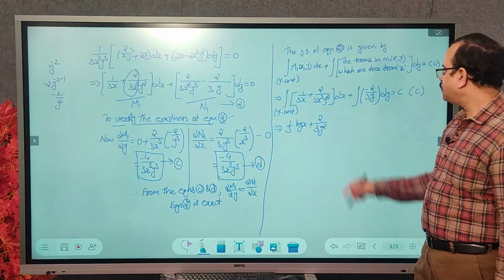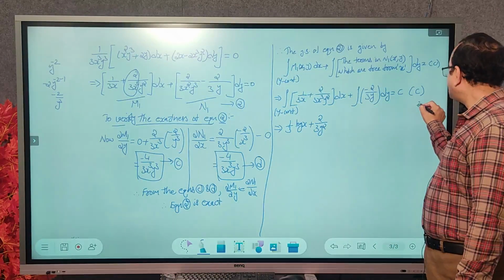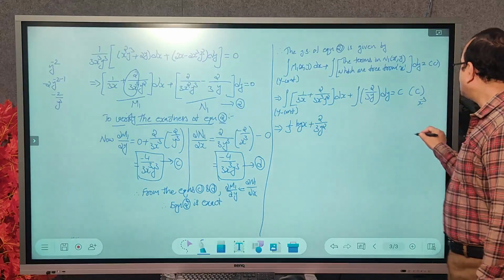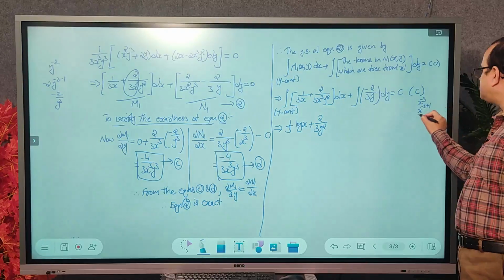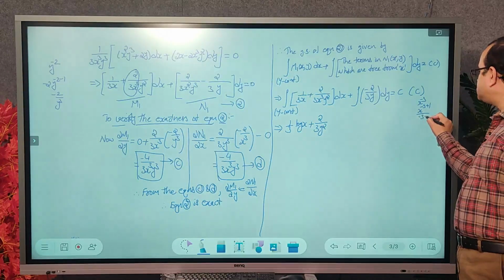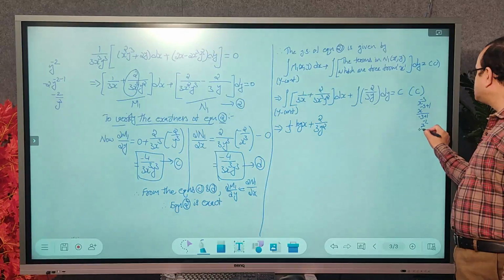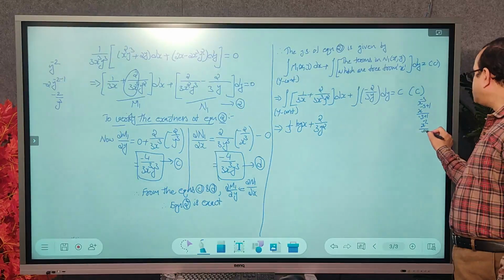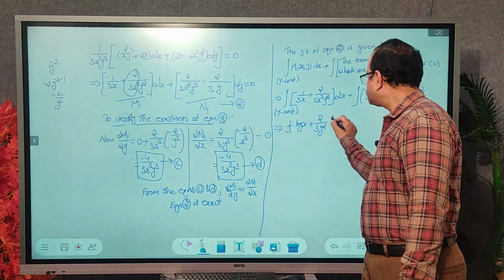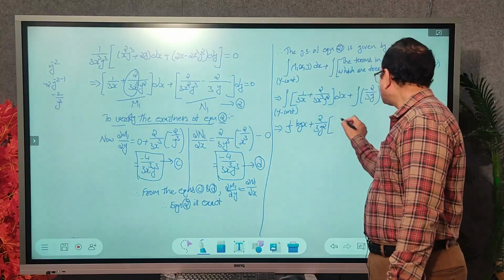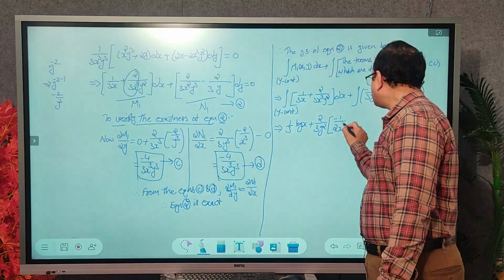So what is the integral of 1 by x cube? 1 by x cube means x power minus 3. So what is its integration? x power minus 3 plus 1 divided by minus 3 plus 1, in the sense x power minus 2 by minus 2. So integral of 1 by x cube, we can write it as minus 1 by 2x square.